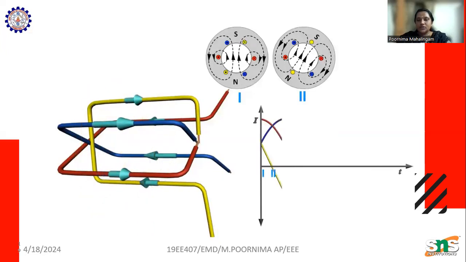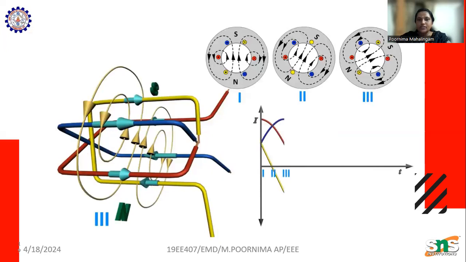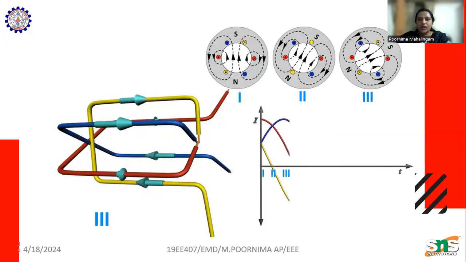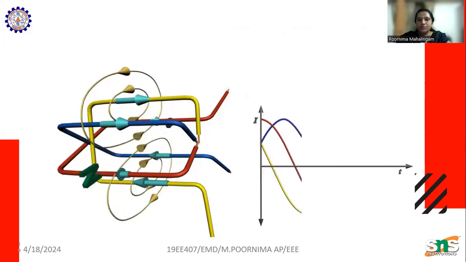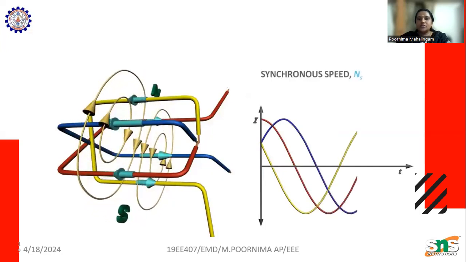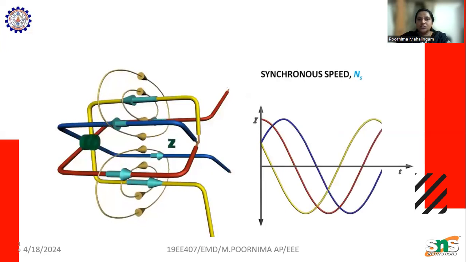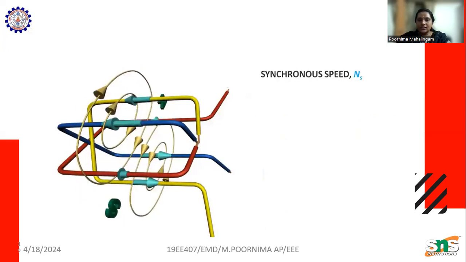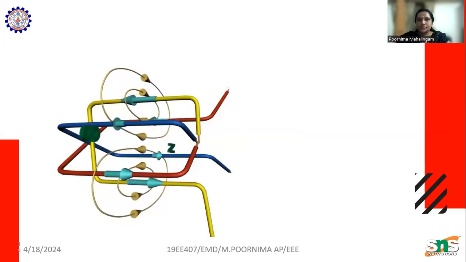Here are the different orientations, which we have already discussed. Here we can see the magnetic field. What happens when blue is at its positive peak? The speed is constant, so it is known as synchronous speed.